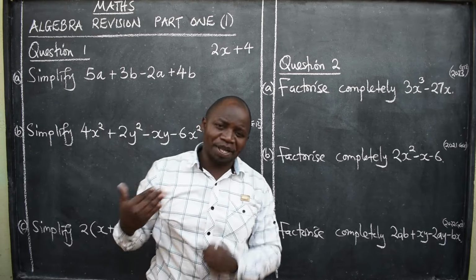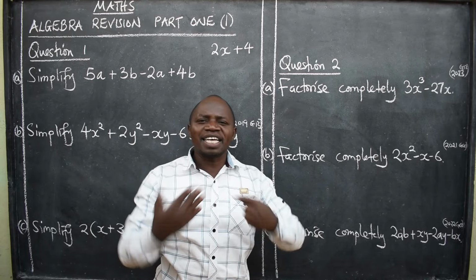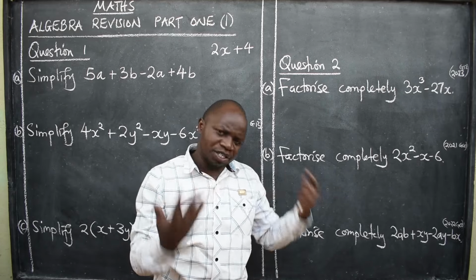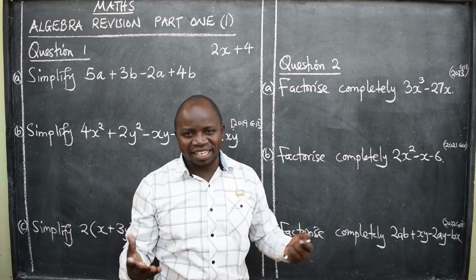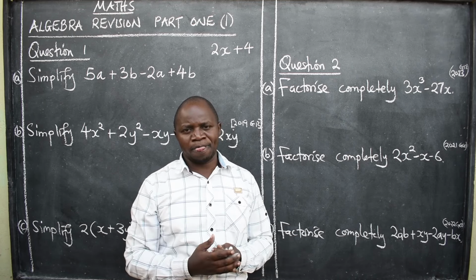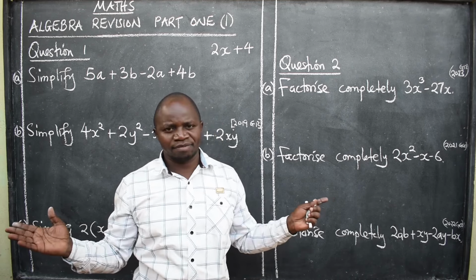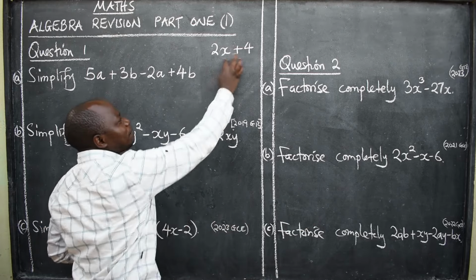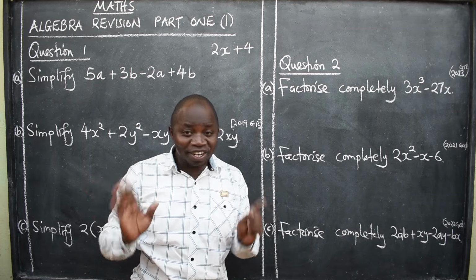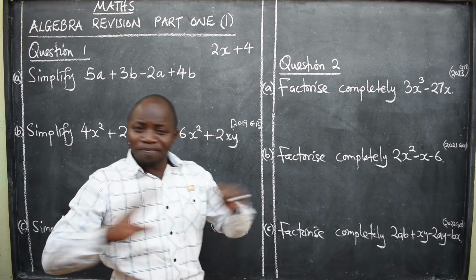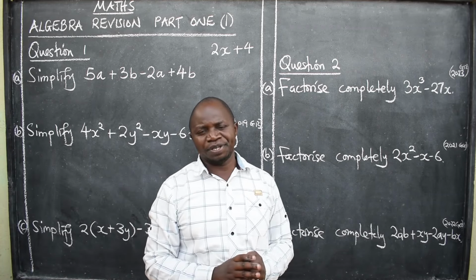In this branch of mathematics, any letter can be used, any alphabet letter can be used, okay, A to Z. So don't be too comfortable with x, thinking that in the exam they'll just be using x. No, it's not like that. It can be b, can be y, any can be used, okay?